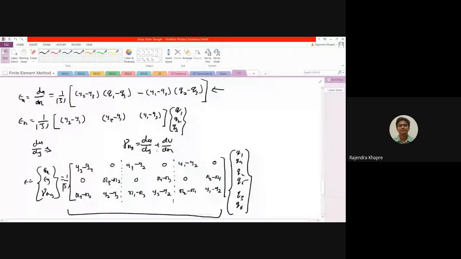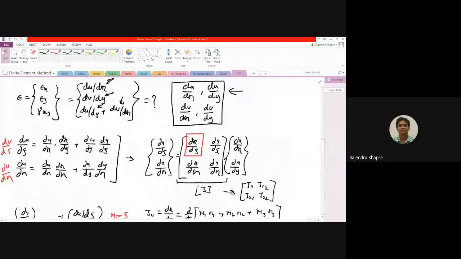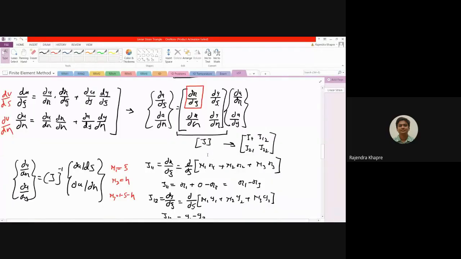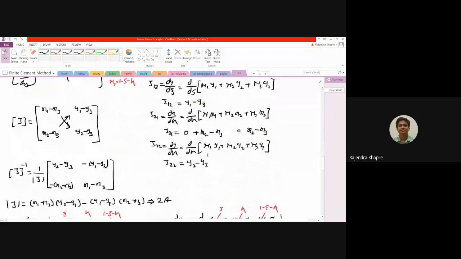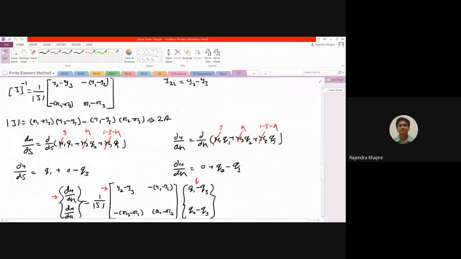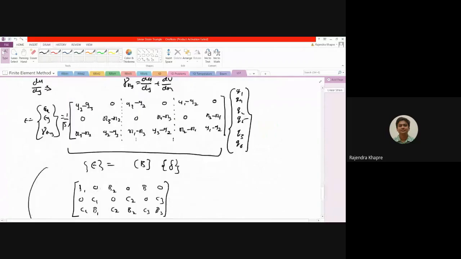Okay, so here what we have written is this one. So du by dxi and du by d eta we have written, and it was dx by dxi, dy by dxi. So everything has to be done, and as a result of this what we have got is this matrix, that is the Jacobian matrix. Okay, so I'm directly writing down the Jacobian matrix. So on similar lines you can generate this B matrix over here also.